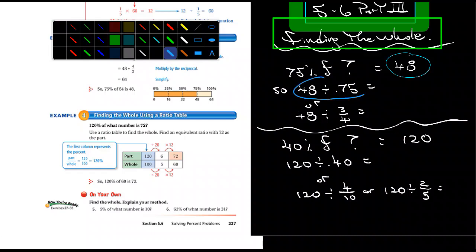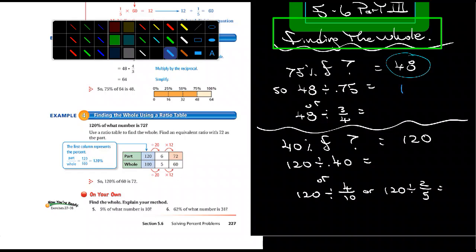So let's look at the two ways that you could solve that problem. 48 divided by 0.75 is one way, or 48 divided by 3/4. And remember that 0.75 is the same as 3/4. I remember telling you guys, at the beginning of the year and also more recently, that there are some fractions and decimals that you should just automatically know what they represent.